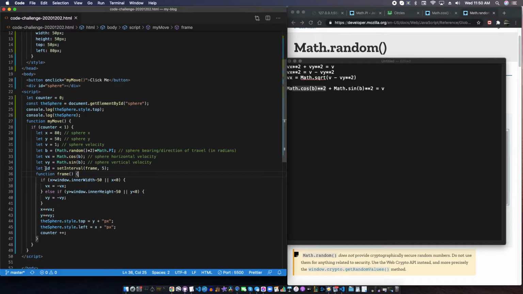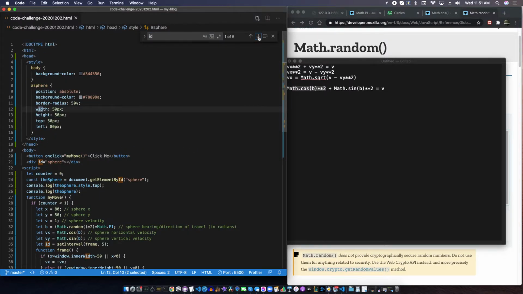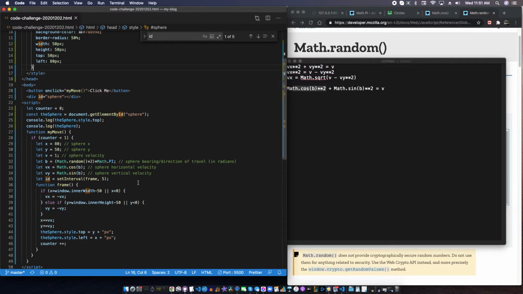Okay, let's go over the rest of this code. I don't know why this is called ID. Honestly, I don't even know how to use this program.